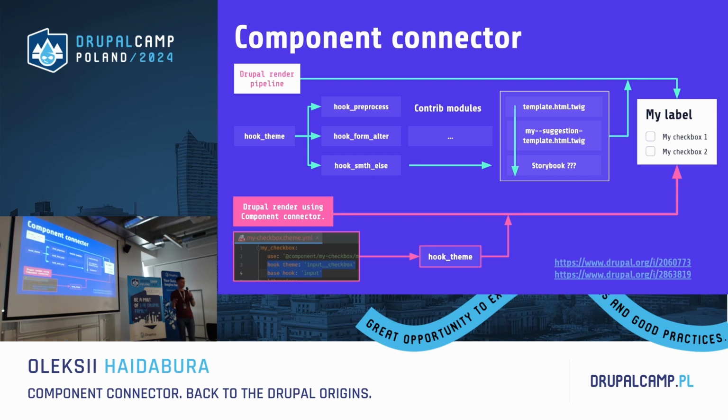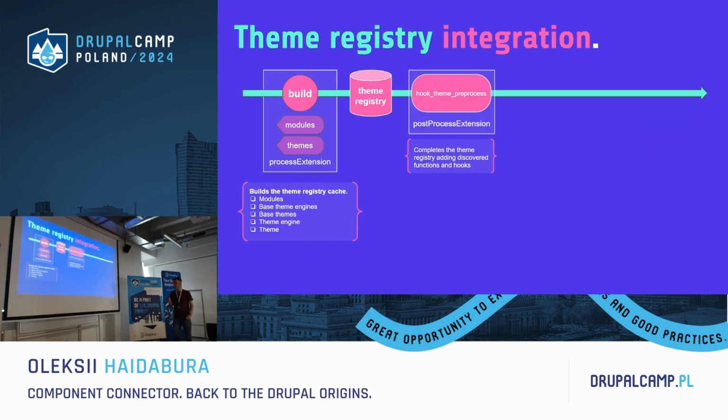A real hook theme, which can be used later, which can replace an existing Drupal core hook theme or a contrib module hook theme, or even extend an existing one. And all that happens only with these 2 lines. That's how the registry is built. Sorry.